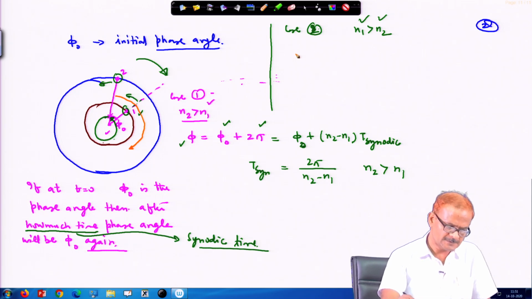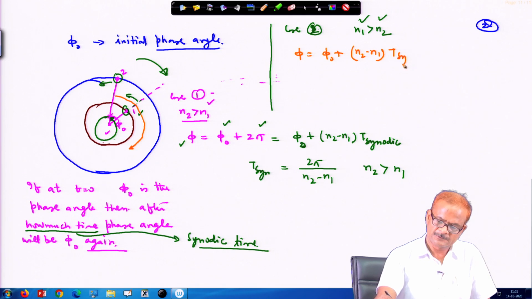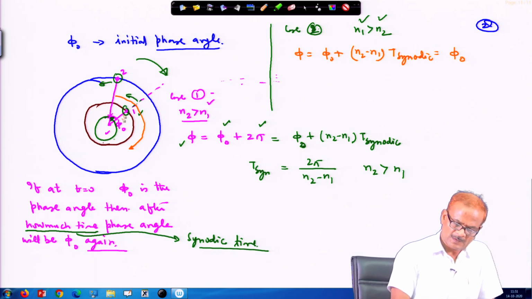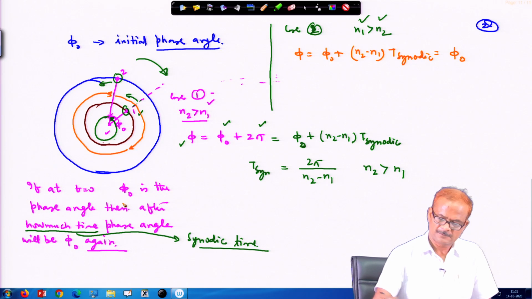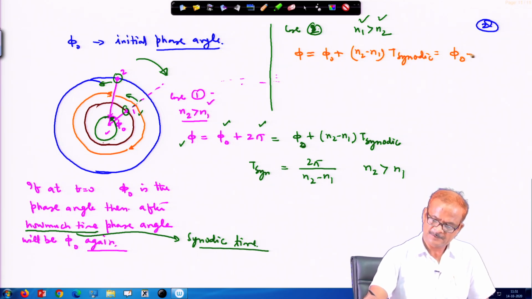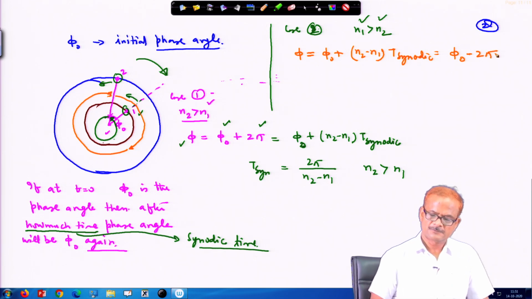So, here in this case, this will be phi equal to phi 0 plus n 2 minus n 1 times T synodic. This will be equal to phi 0. So, it starts from this place, it goes all the way here in the negative direction and then comes back. Okay. So, at that time the phase angle becomes phi 0 minus 2 pi.